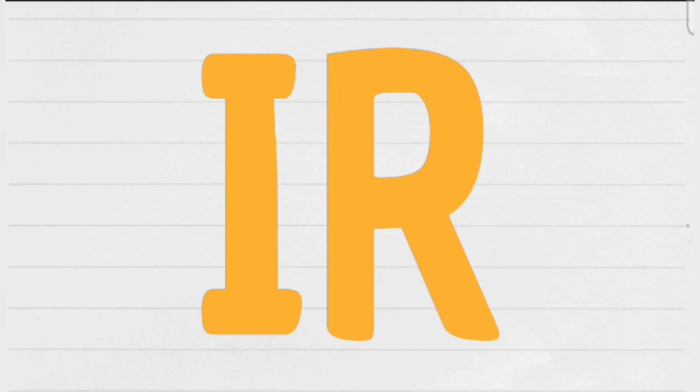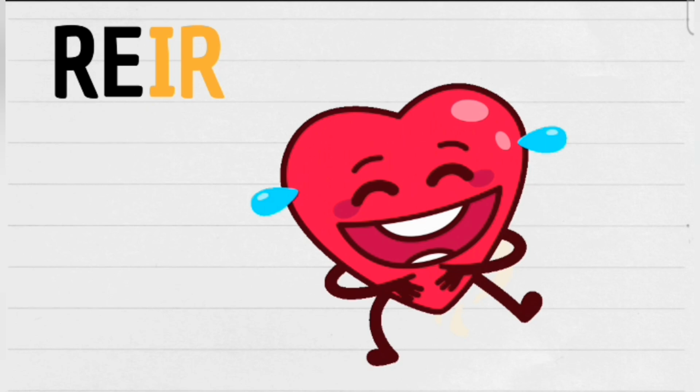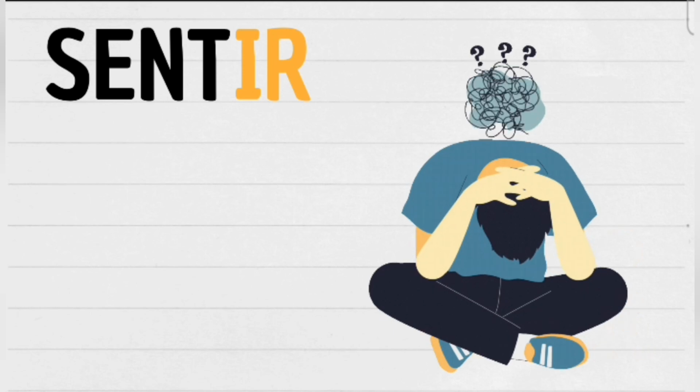And now with the verbs ending with letter I, R, ir. In Spanish, with these types of verbs such as to laugh, reír, as you can see, this verb is ending with letter I, R. And also we have another verb, to feel, which means sentir. So these verbs in the infinitive form are ending with ir.